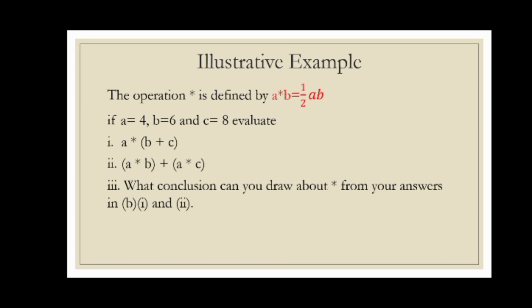So if A is equal to 4, B is equal to 6, and C is equal to 8, evaluate: I, A star (B plus C); II, (A star B) plus (A star C). Then our last question, what conclusion can you draw about the operation star from your answer in BI and BII?